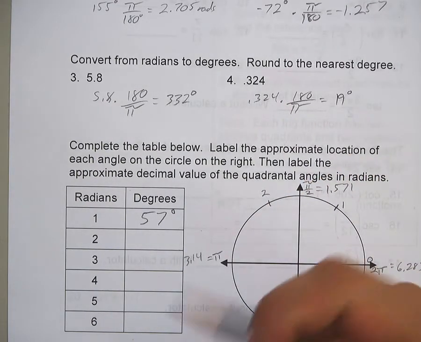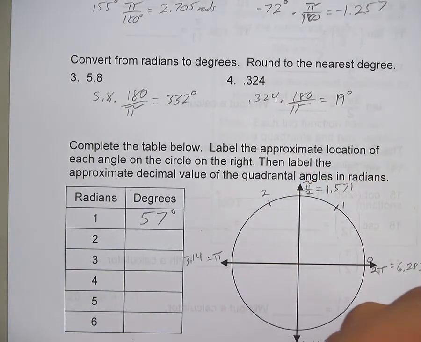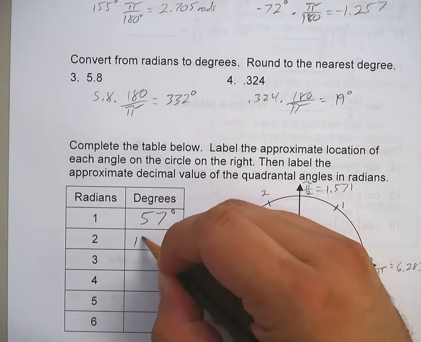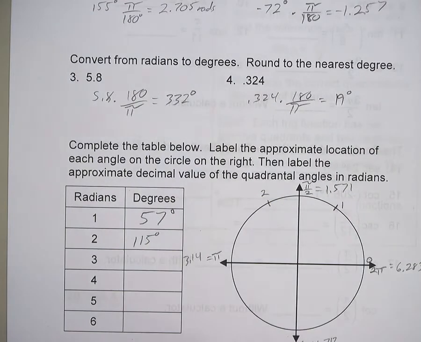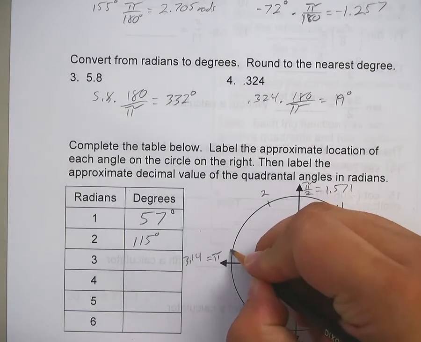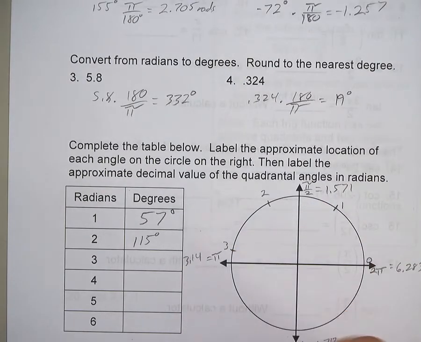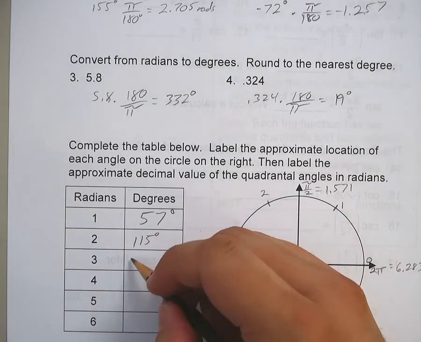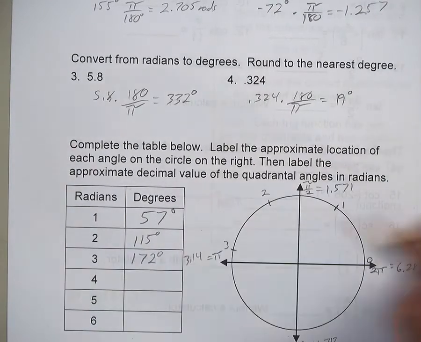Since it's not exact, if you were to actually double that, you'd get 115 because of the decimal value. Remember, it's 57.3 times 2. So rounding up. Then you have 3 right here, so that's going to be right about 172 degrees.